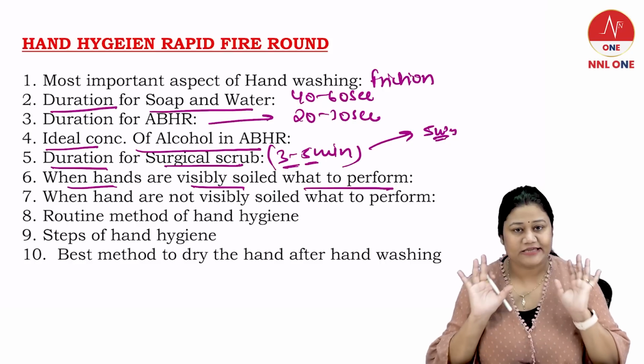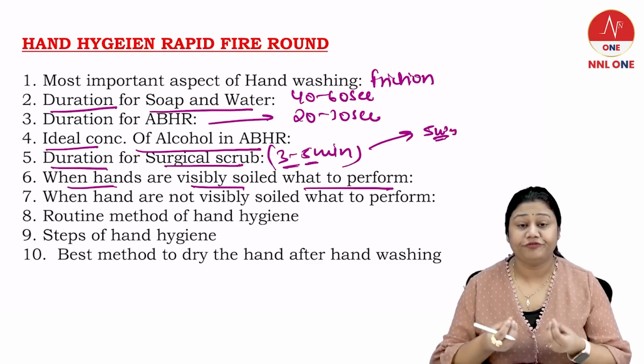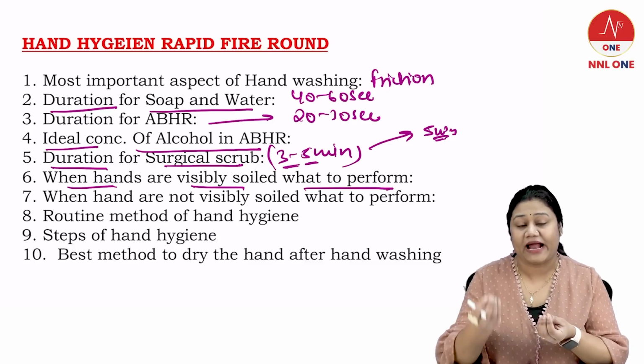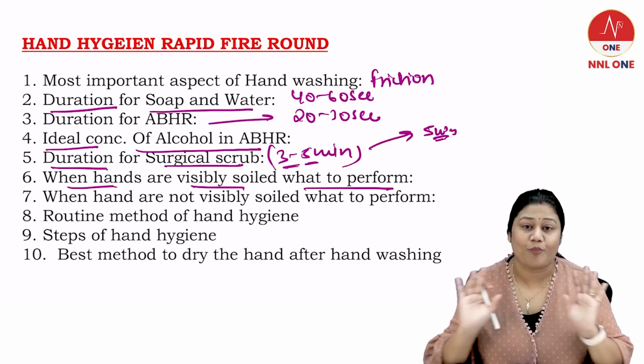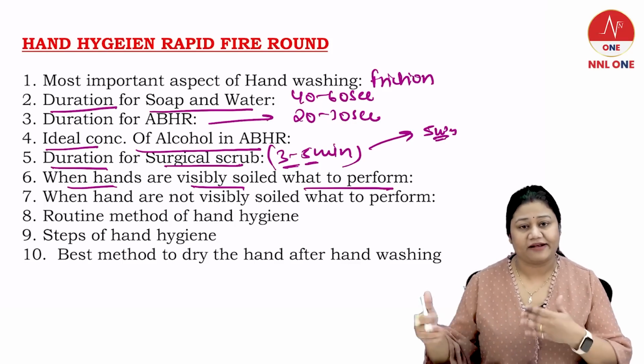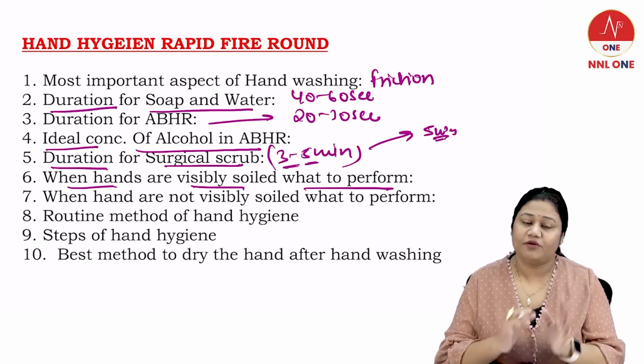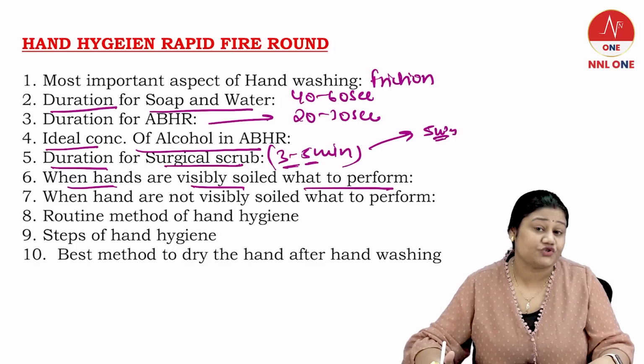No matter whether your hands are visibly contaminated or not, the preferred method of performing hand hygiene will be soap and water only, because the alcohol-based hand rub solution does not work that effectively if your patient is admitted or infected with Clostridium difficile.